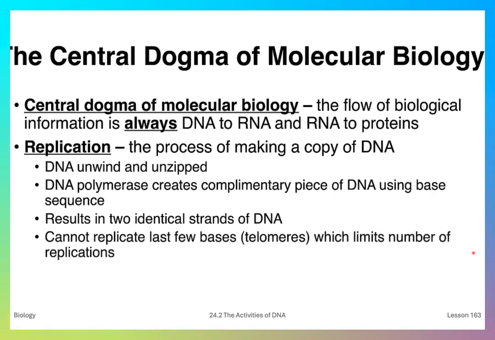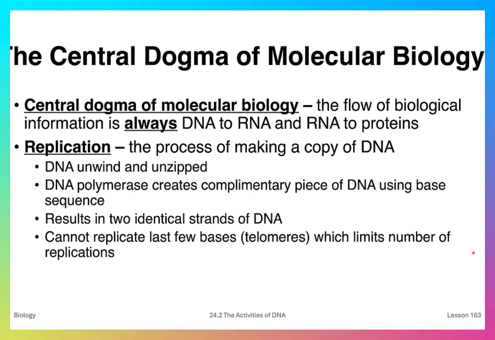Now, DNA has a few base pairs at the end of each of its strands called telomeres, and these act to limit the number of times that DNA can be replicated. Each time a DNA strand is replicated, a few telomeres are lost until you get to the point where there aren't any anymore, and that DNA strand cannot be replicated anymore.